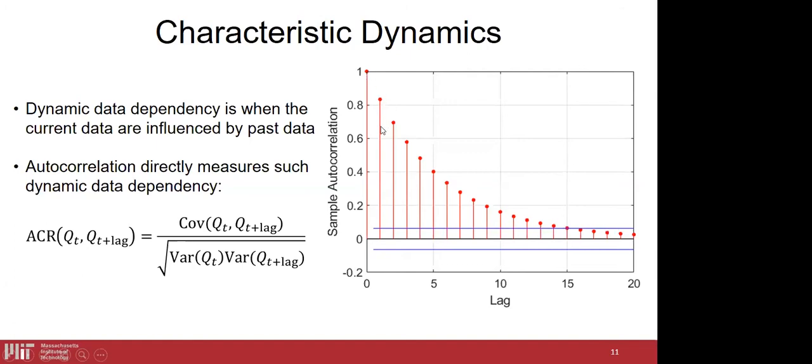I've created this autocorrelation plot by saying that my next value in the time series is twice the prior value. In that case, you have clear dynamic dependencies, and you can see that in the result of this autocorrelation, because the second value still has a value that is higher than 0.8 and significantly over the blue threshold. So you can see that it actually detects those dynamic dependencies in the data.